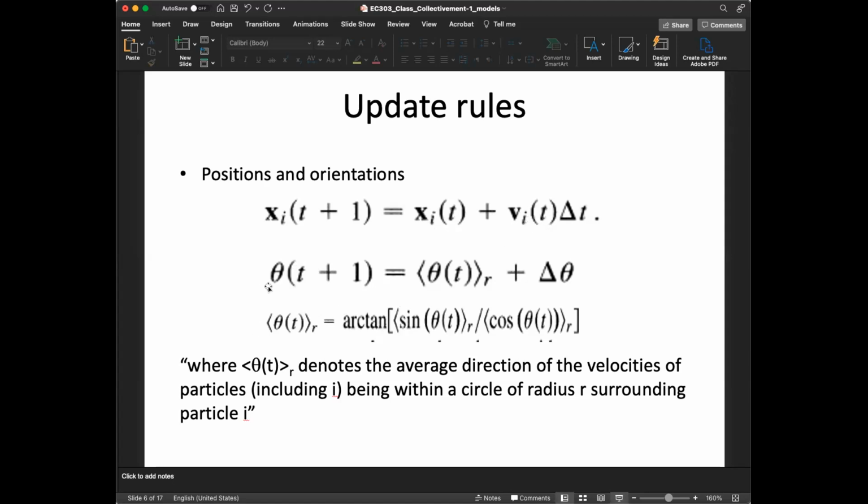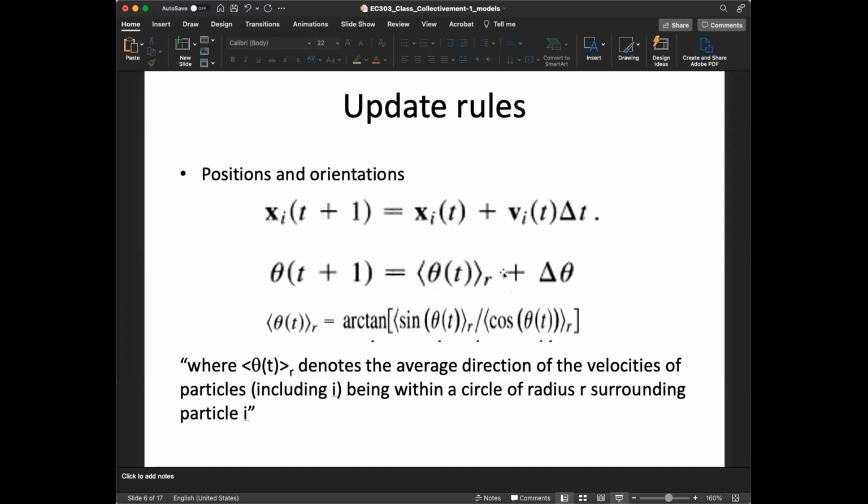Theta at the new time step is given by the angular bracket of theta within radius R. What this means is that if I measure the heading, the theta, of all other neighbors within a radius R around me, and take the average of all of their orientations, that gives me a new direction, and from that I find the new theta.